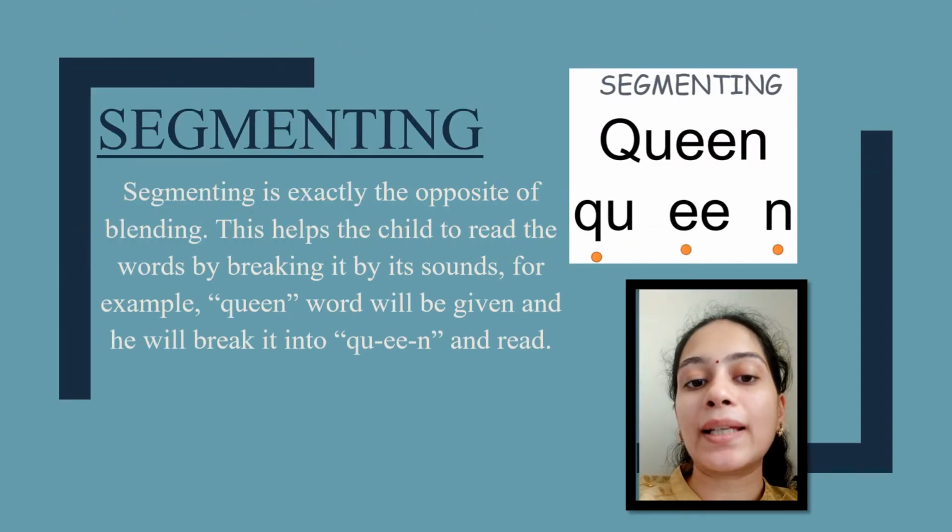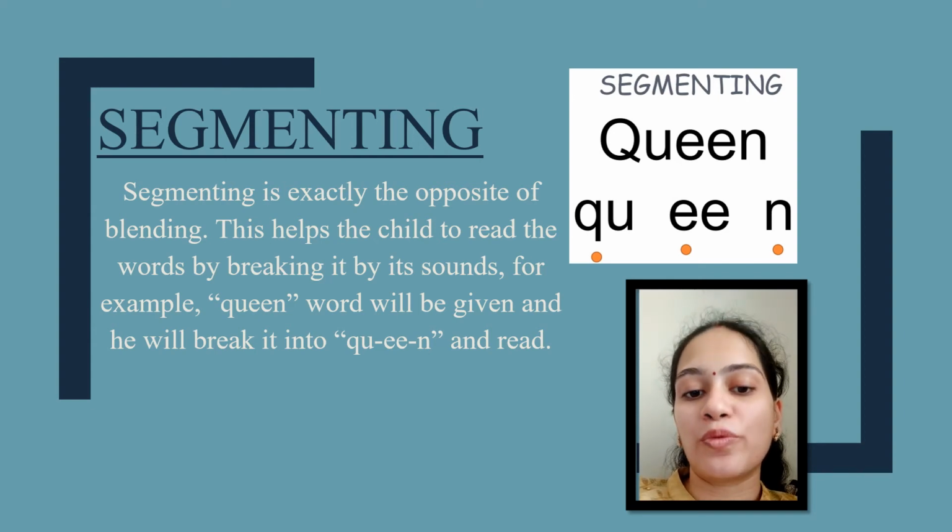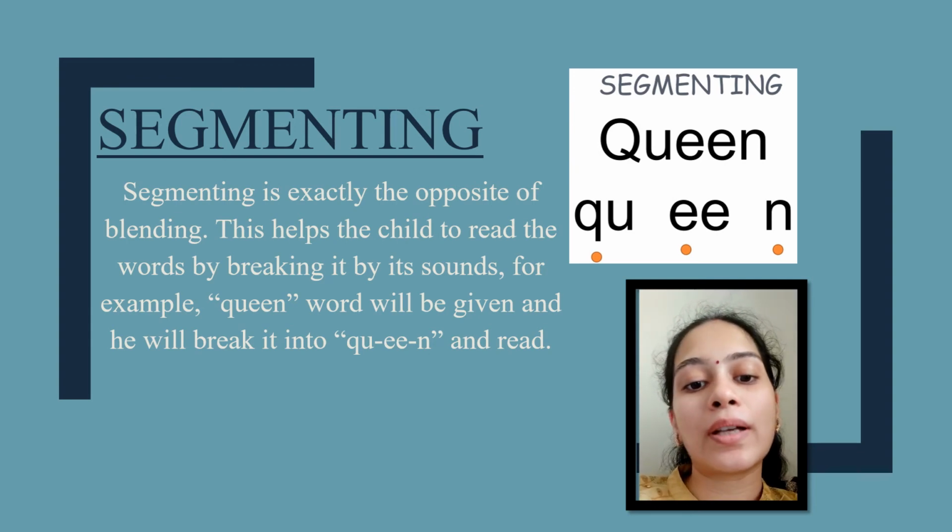Segmenting is exactly the opposite of blending. In blending, we teach kids how to form words out of different sounds and alphabets. But in segmenting, we teach them how to read out words with correct pronunciation. For instance, the word queen.